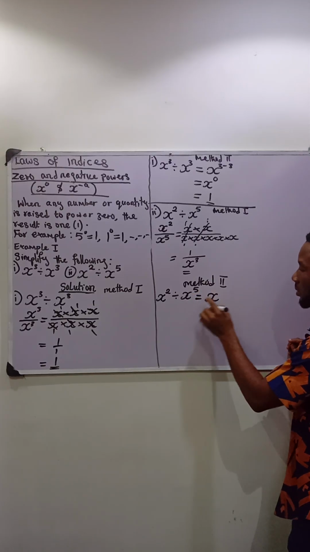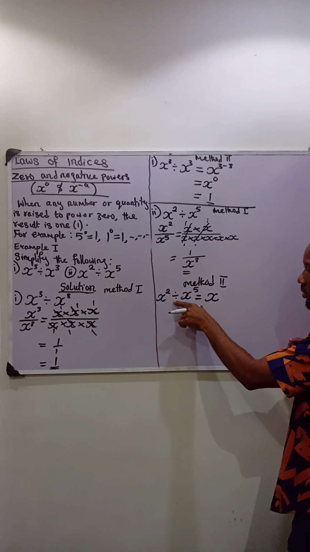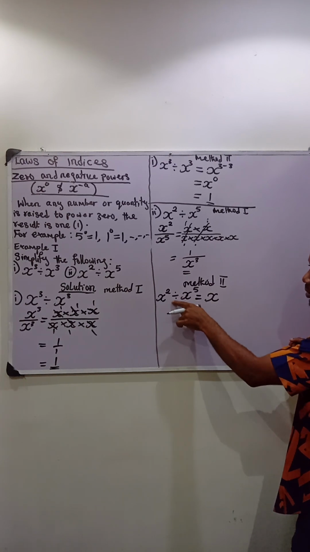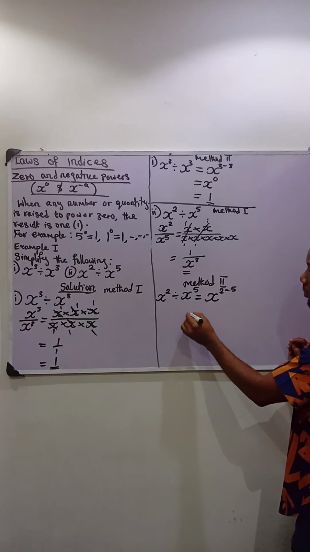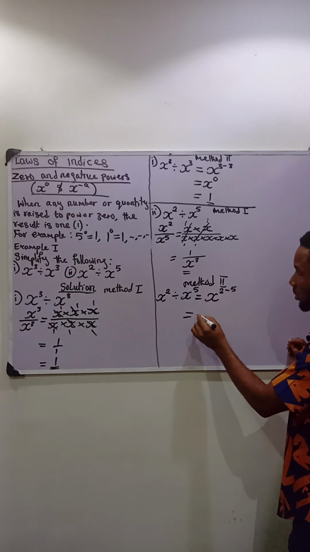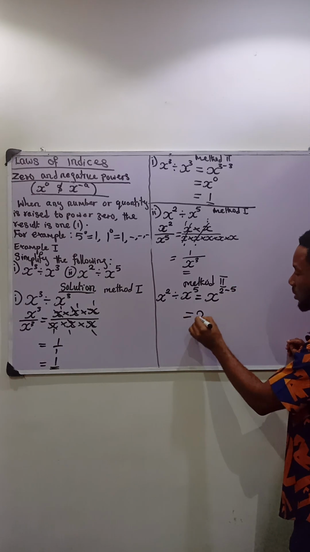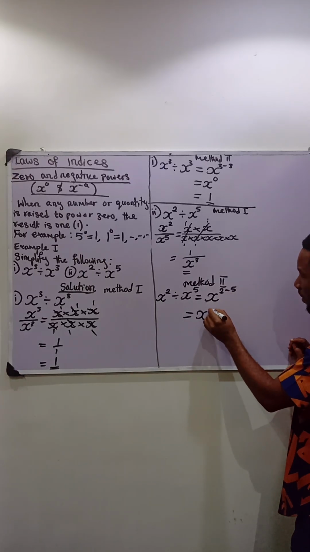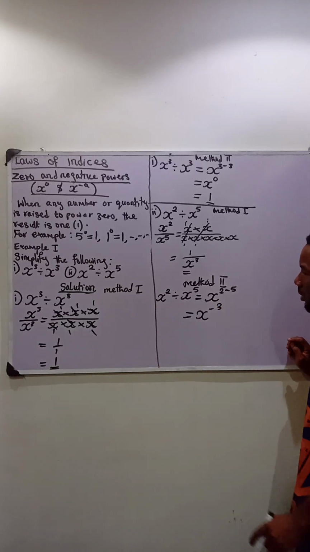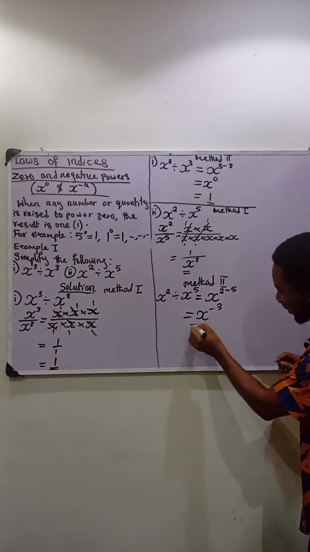We have s. This is division. The division sign will change to subtraction. So we have 2 minus 5. So our final answer here will be s raised to the power of 2 minus 5, which gives us minus 3.